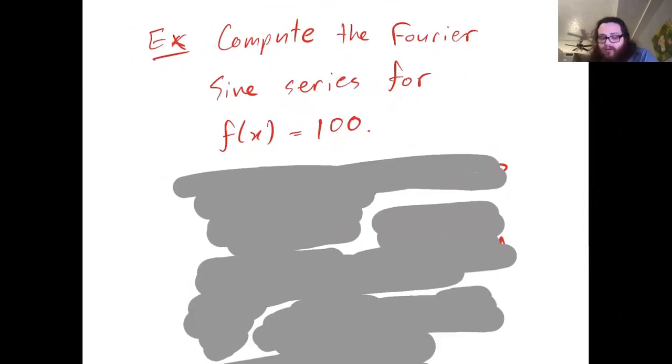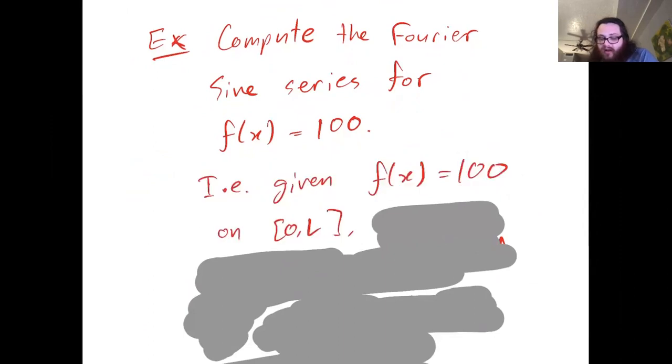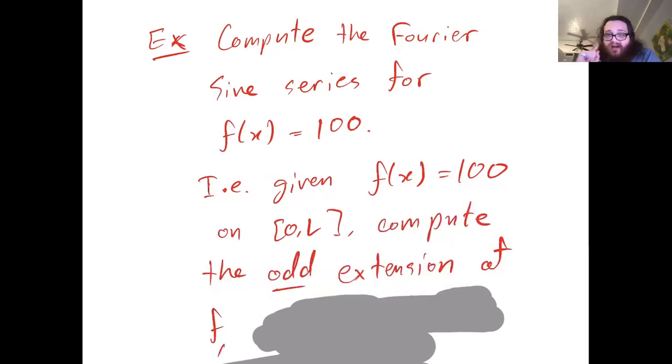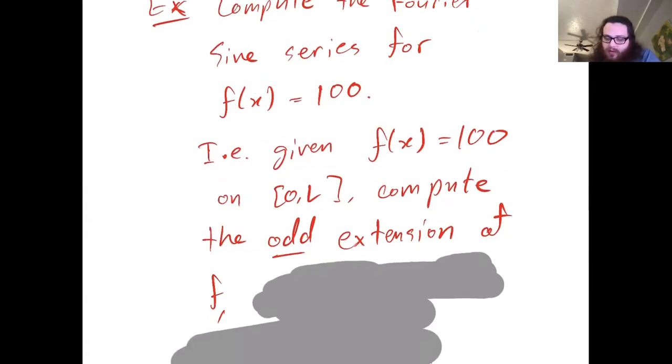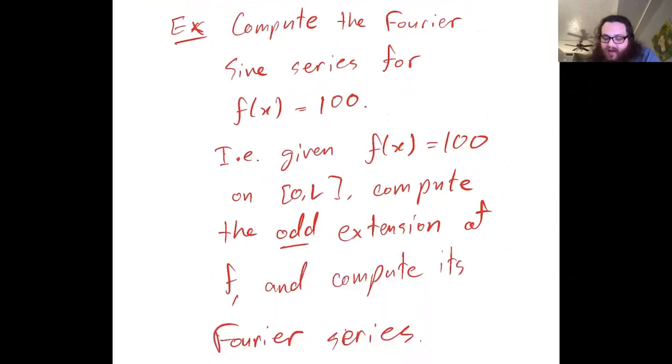If we're told compute the Fourier sine series for f of x equals 100, technically the interpretation is, given the function f of x equals 100 on the interval 0 to L, first compute the odd extension.